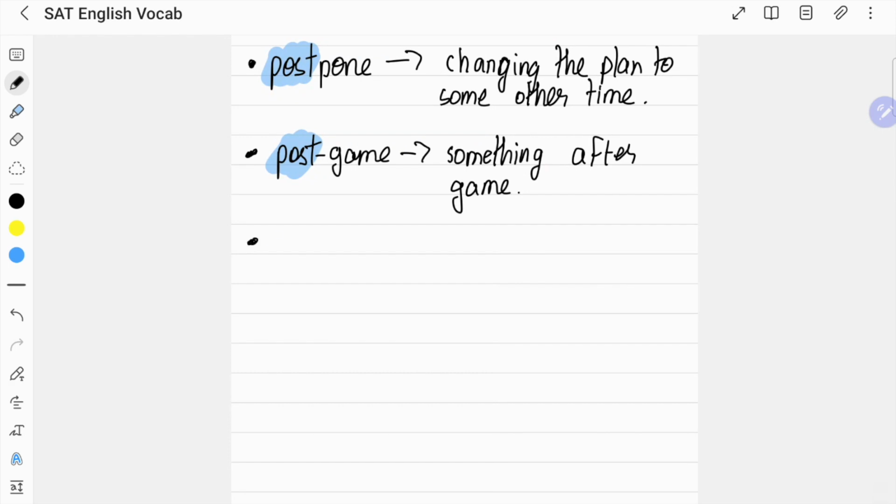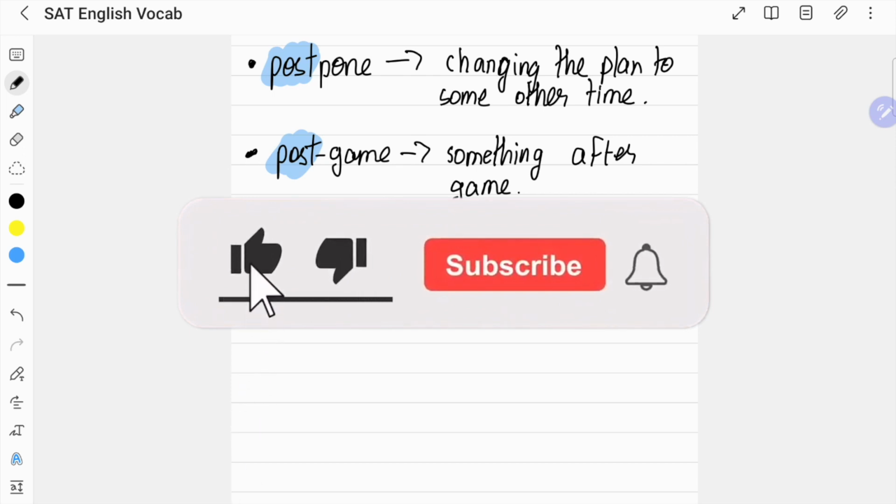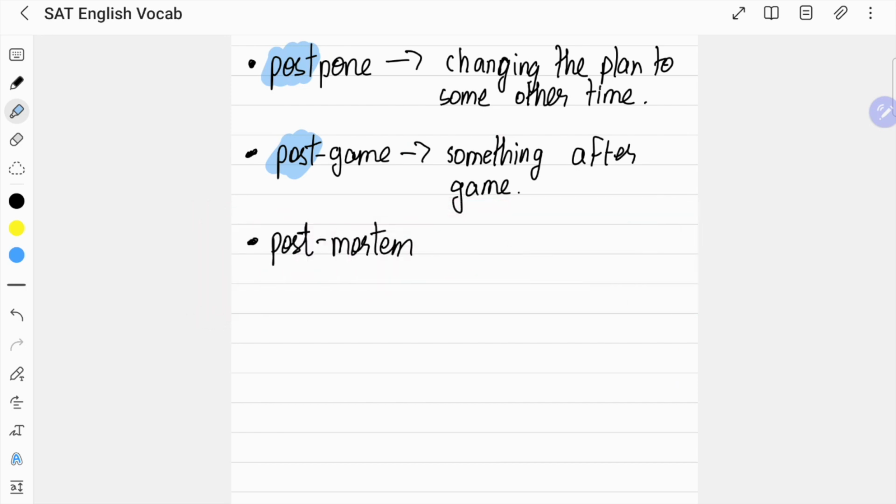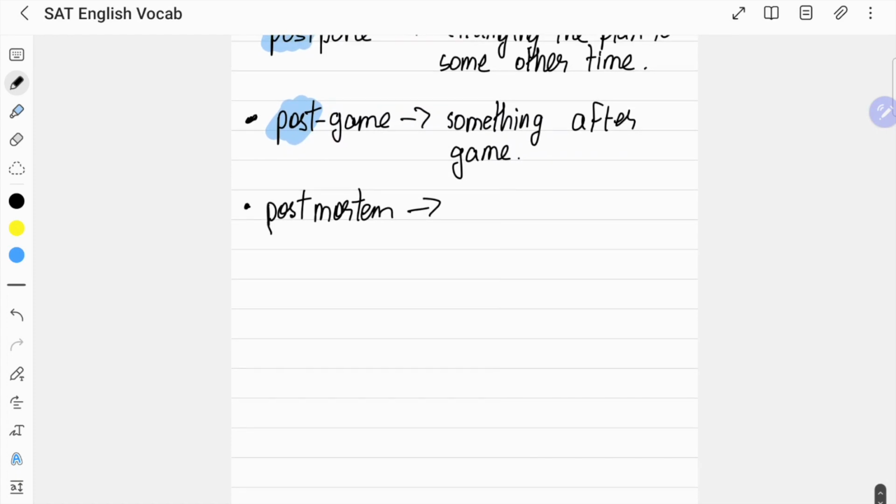Alright, a tough one, which means a post-mortem. Actually, post-mortem is one word, I'm pretty sure. A tough word we can use is post-mortem.